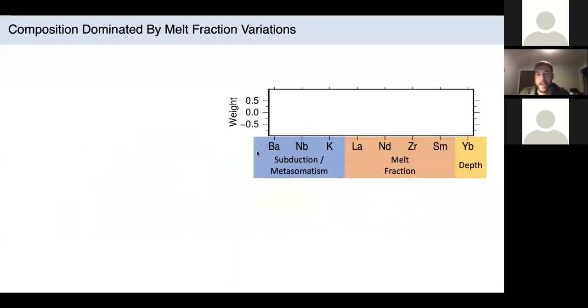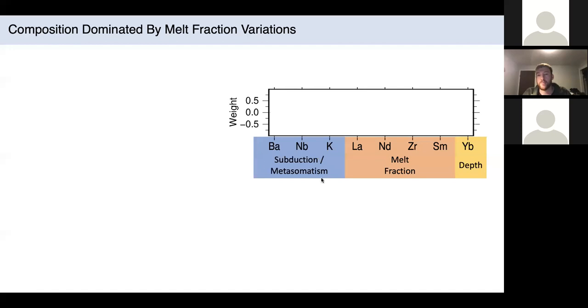In this case, we're going to have 8 components, and they've been carefully chosen so that we can look at different processes within the mantle. We use barium and potassium, which are fluid mobile, so if you have subduction or metasomatism, these will be increased, whereas niobium is decreased because it's retained within rutile in the subducting slab.